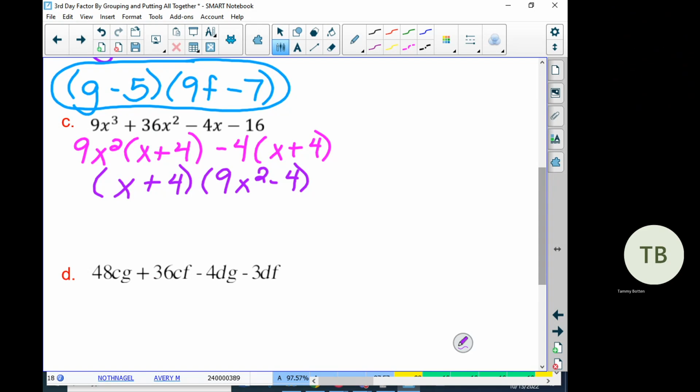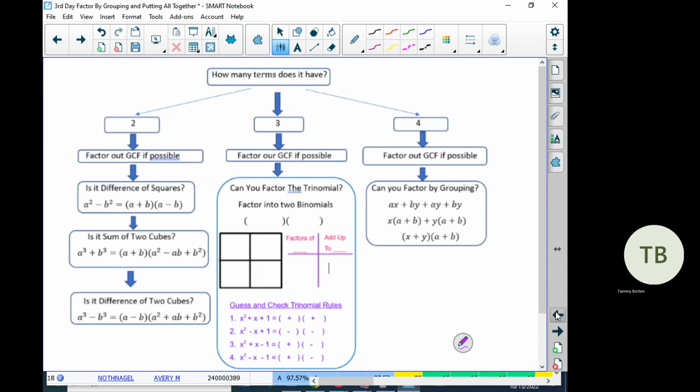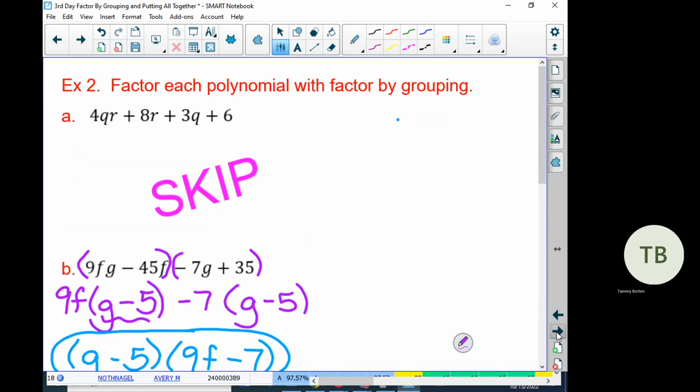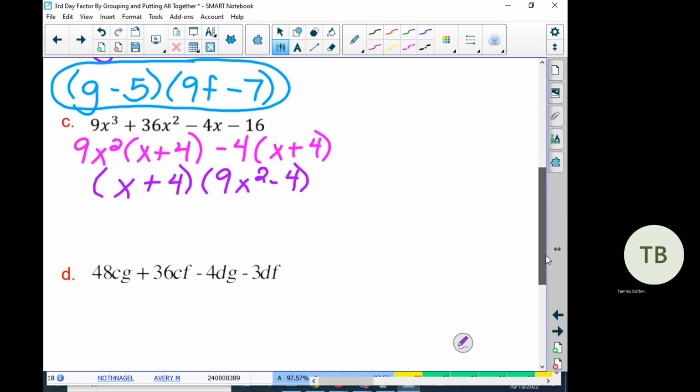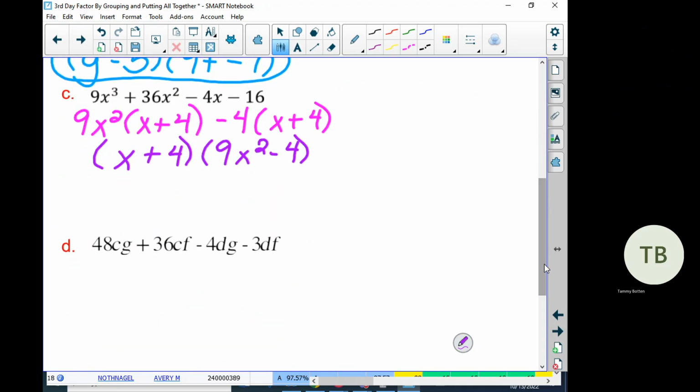It has 2 terms, okay? If it has 2 terms, it could be difference of squares or sum or difference of cubes. With difference of squares, there's a couple rules that have to be true. It has to be a minus sign, and it is.